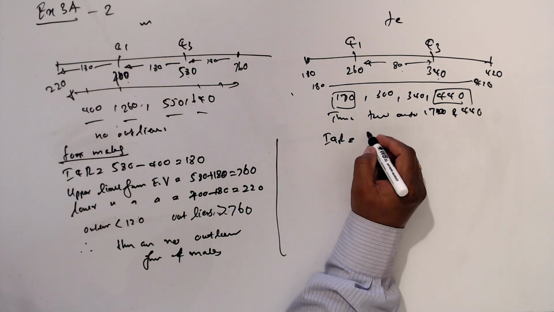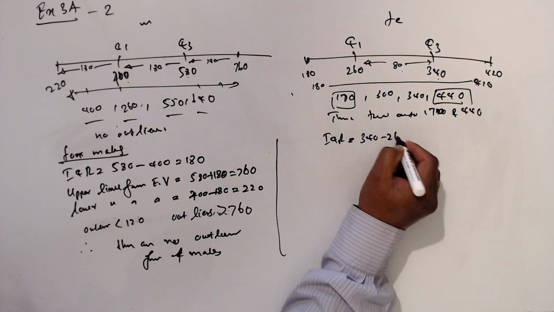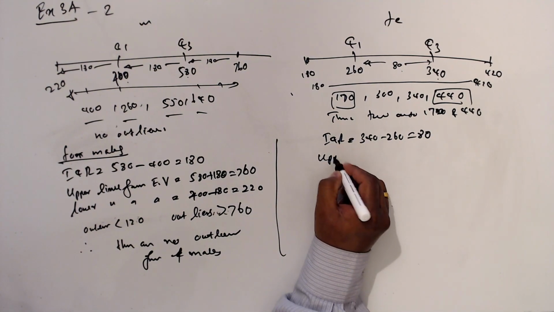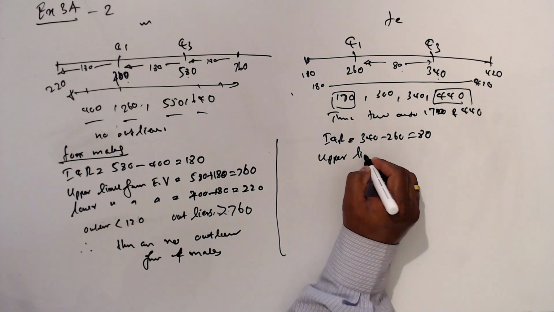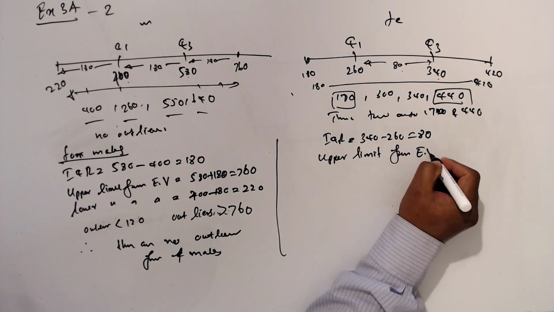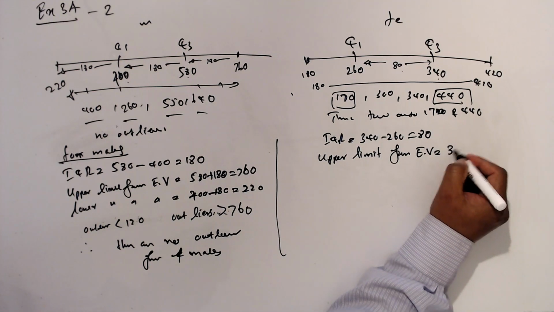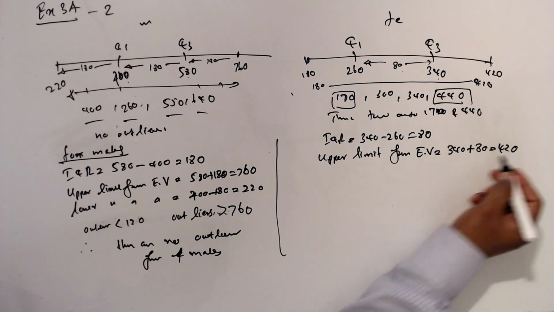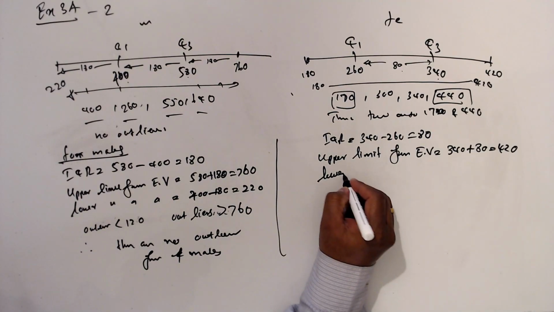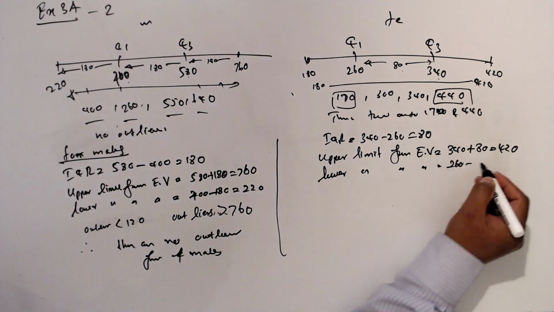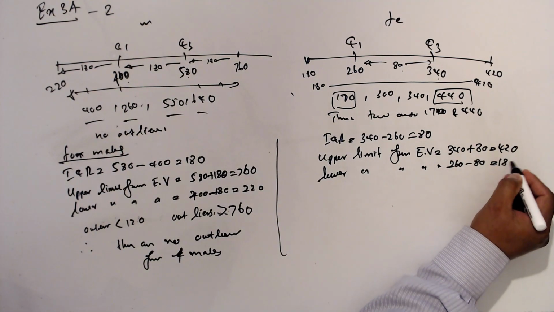The same thing. IQR is 340 minus 260, which is 80. So upper limit for extreme values is 340 plus 80, which is 420. Lower limit for extreme value is 260 minus 80, 180.